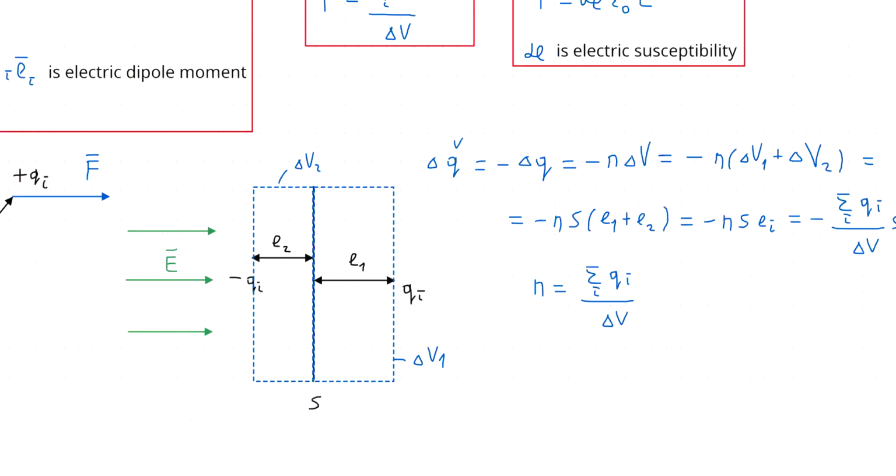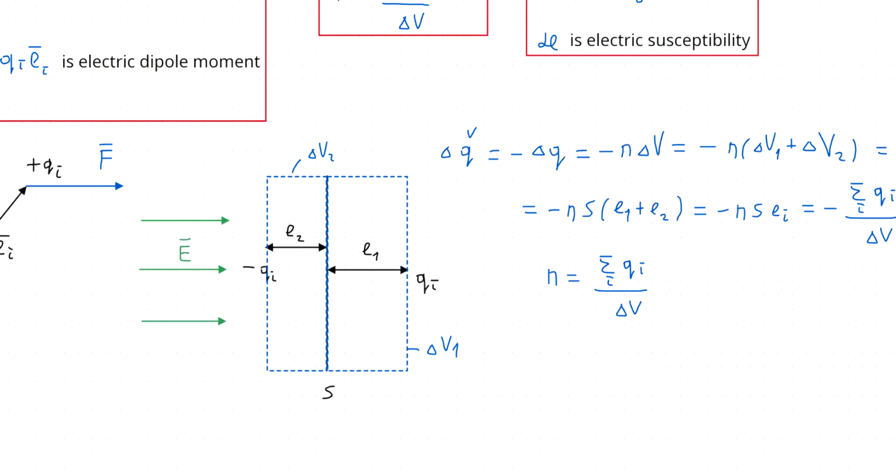So polarization density is directed from left to right, in the same direction as electrostatic field intensity.